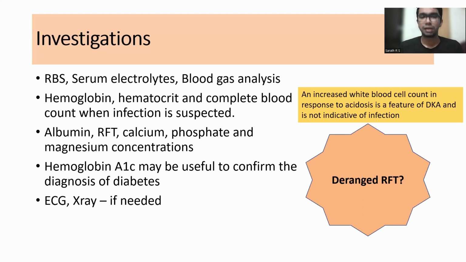We all know that the usual range of serum creatinine in children is between 0.3 to 0.8. We may get a serum creatinine value of 1.2, 1.3. That's because serum ketone bodies interfere with the lab estimation of serum creatinine, and that's not because of a kidney injury or a kidney event.